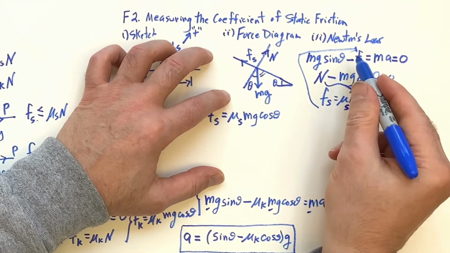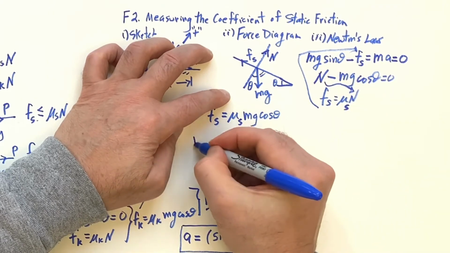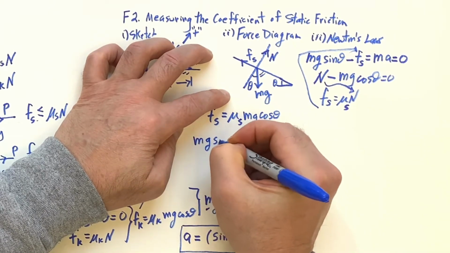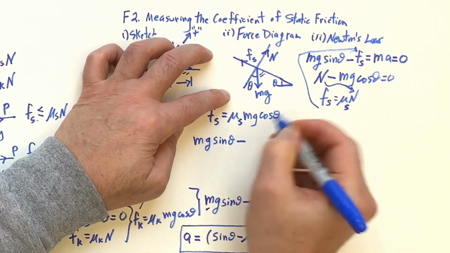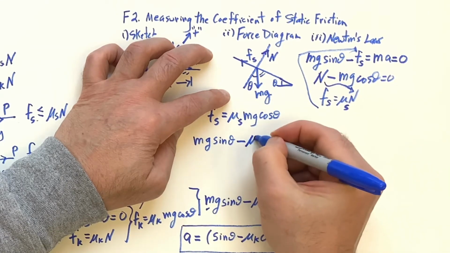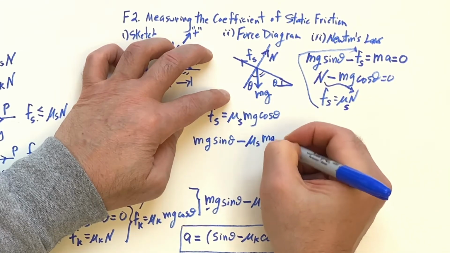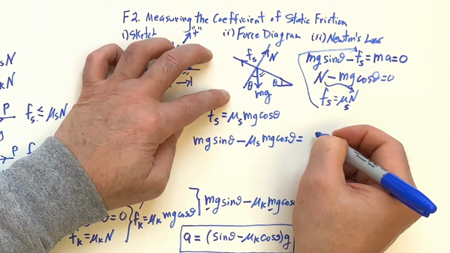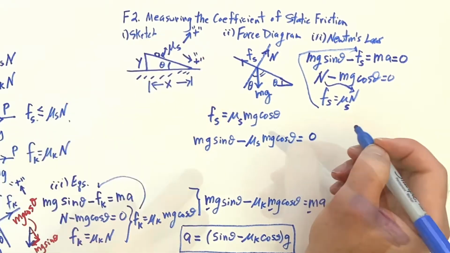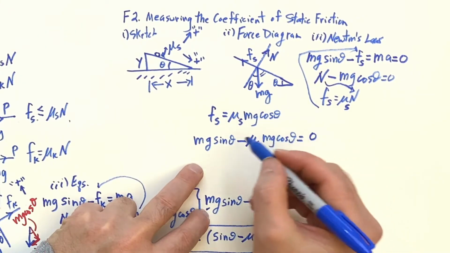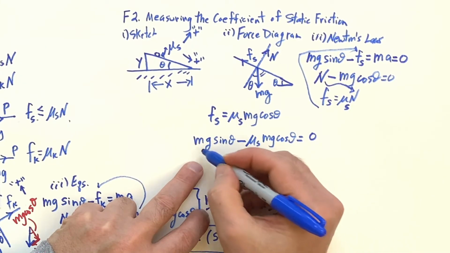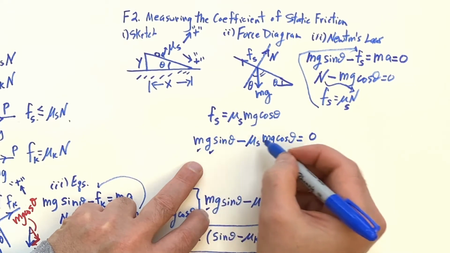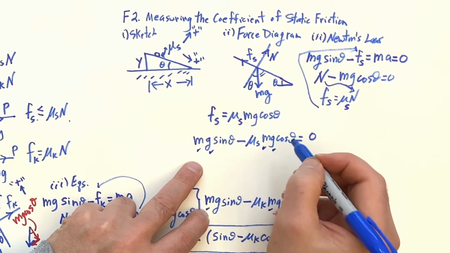And then when you go to the first equation, you're going to have mg sine of theta minus the friction force, which is this one here, and that's going to equal 0. Notice here that the mass and the gravitational constant drop out.